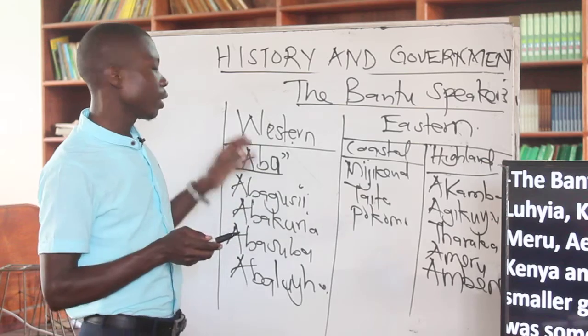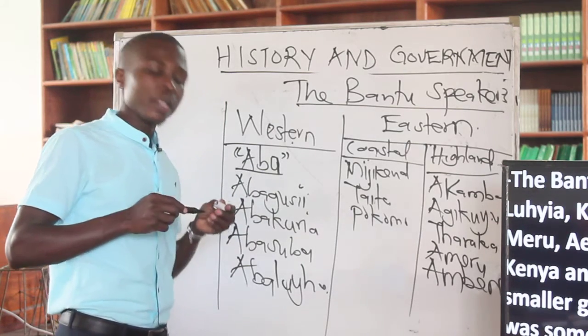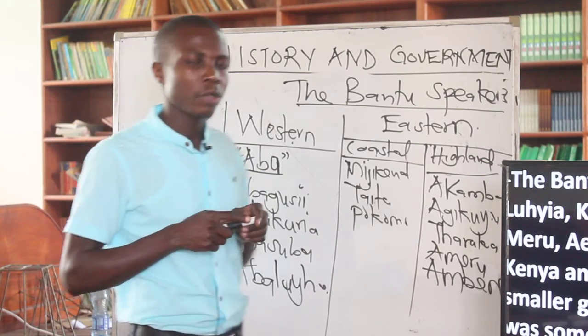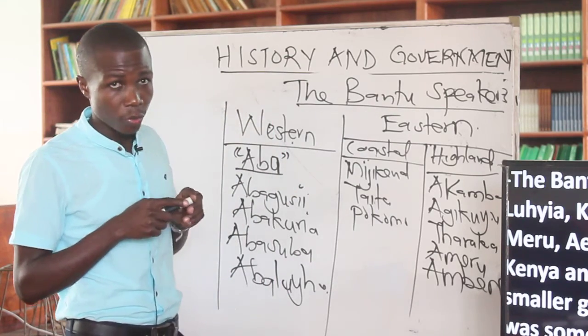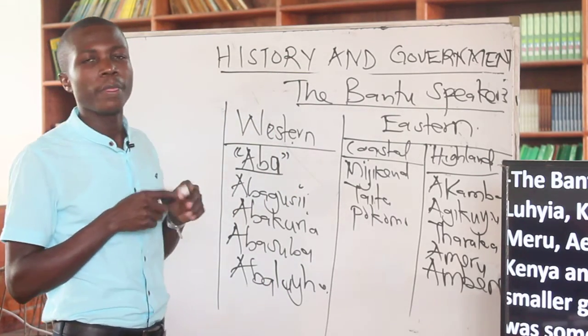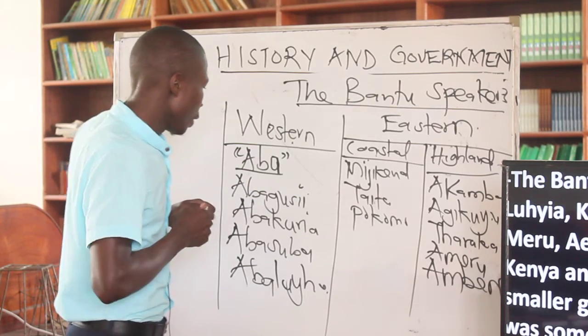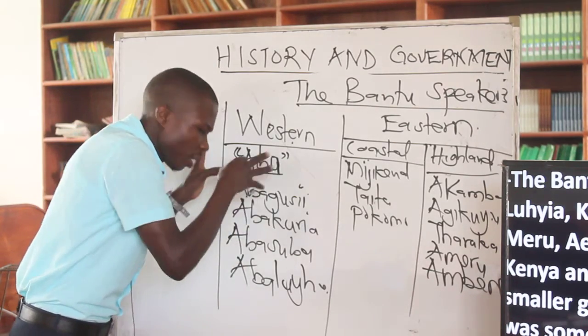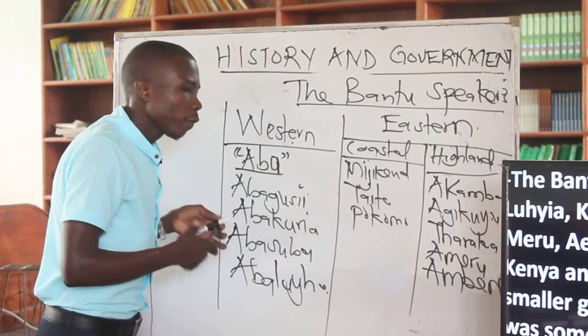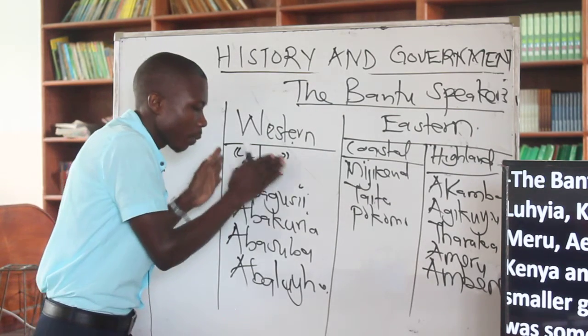Then Western, these are found in the western part of Kenya, next to a mountain known as Mount Elgon, just on the border between Kenya and what? Kenya and Uganda. If you are asked to give an example of the Western Bantus, please think about the Aba.